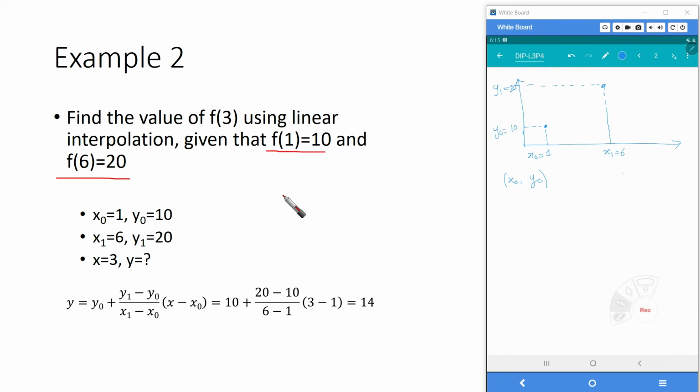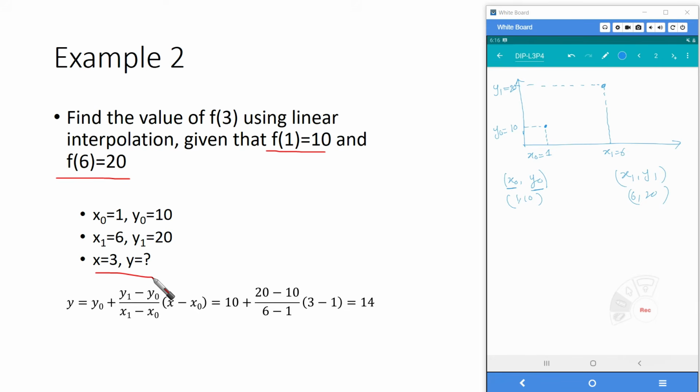So we know that x1 and y1, these 2 points are given. x0 and y0 is actually (1, 10), and x1 and y1 is actually (6, 20). So this is it. Now we have to find the value at x equals 3, right?